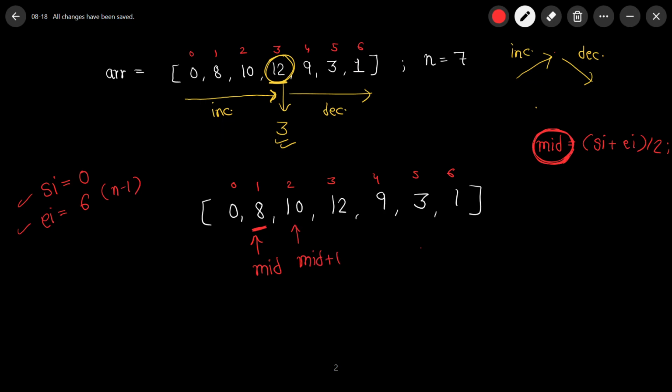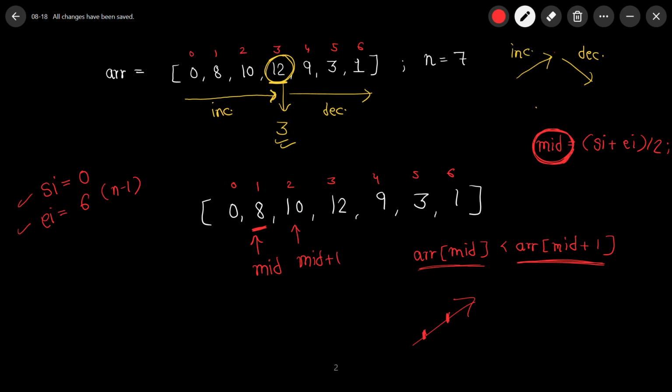In this case, our array of mid, that is the value present at the middle index, is less than its successor, that is the value present at mid plus 1. So this means the previous value is lesser than the next value, which means we are still in the increasing portion, because in increasing only the previous is smaller than the larger next value.